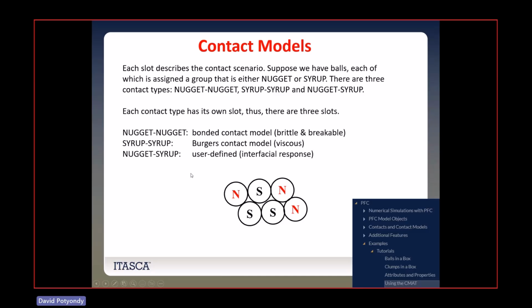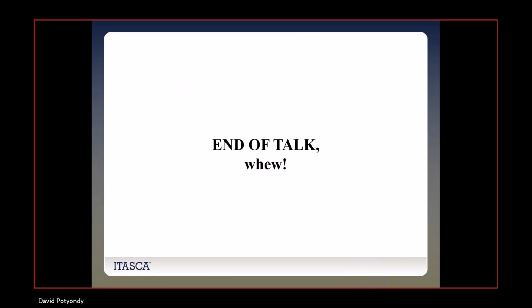So this is the type of thing you can do. It's a very general capability. In the manual, there's a tutorial example that very nicely describes the behavior of this system and how to work with it. Okay, so that's what I wanted to say. That gets us to the end of the physics talk.